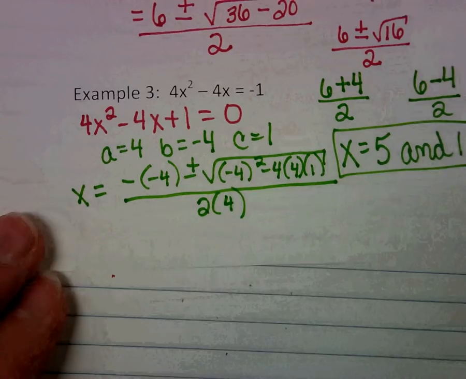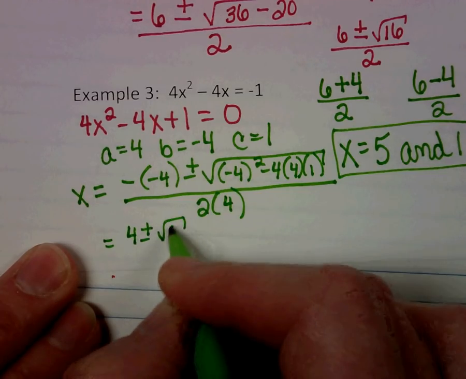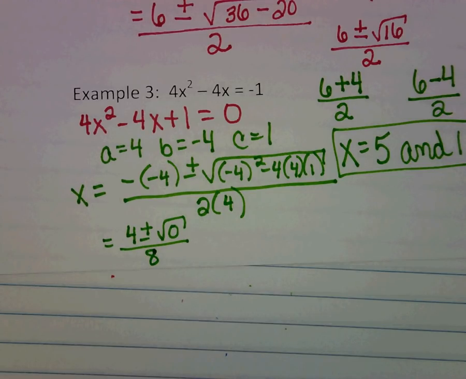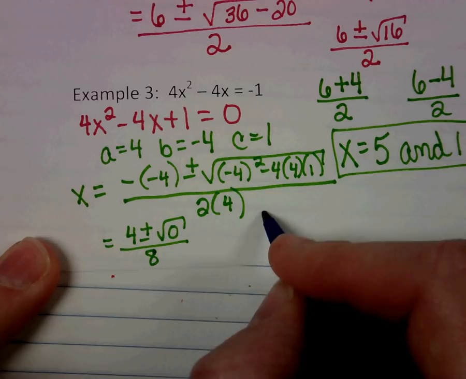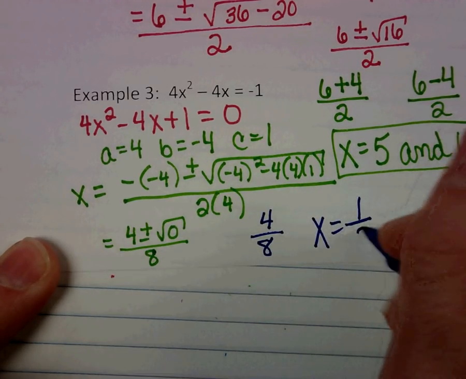When you calculate this, you're going to get 4 plus or minus the square root of 0 over 8. We talked about that if our discriminant is 0, and we know the square root of 0 is just 0, so we're actually going to have one solution because 4 plus 0 and 4 minus 0 is the same thing. So we end up with 4/8 or simply 1/2.